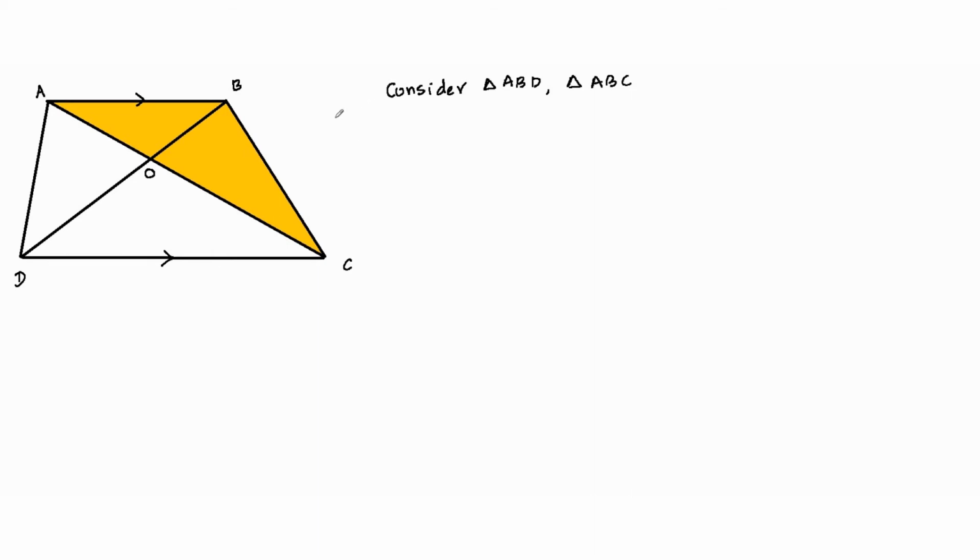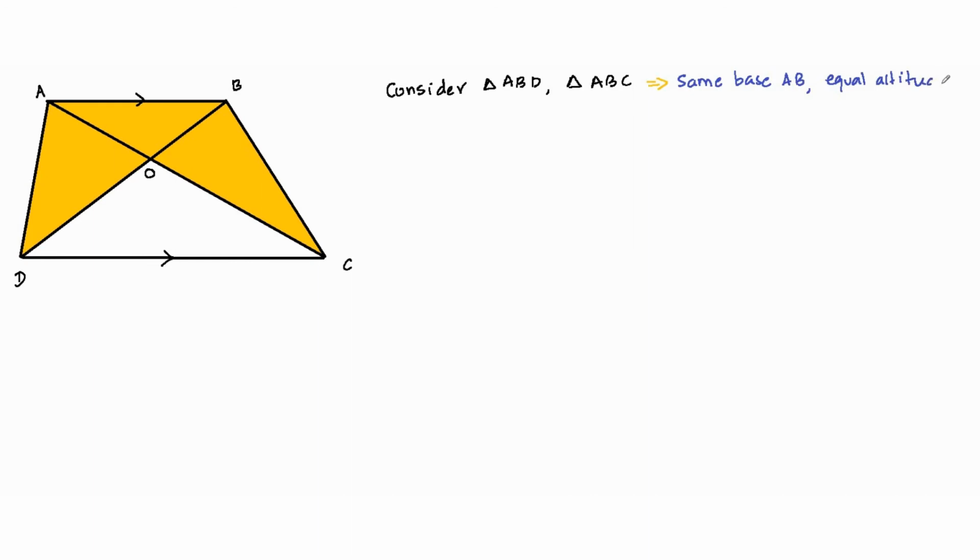So these two triangles are triangles ABD and ABC. They have the same base, AB, right? And they have equal altitude also.